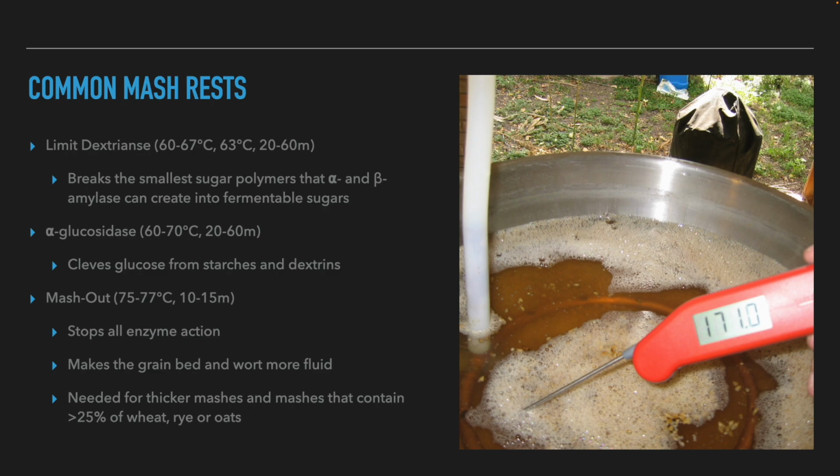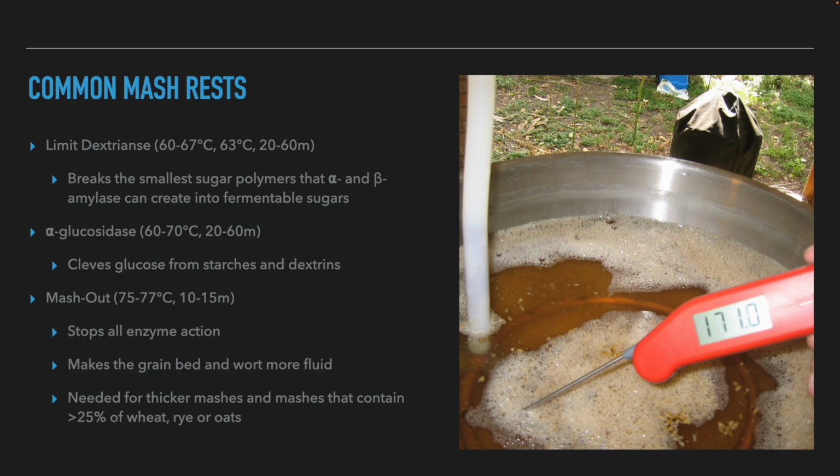In every mash, the last mash rest will usually be mash out. This rest is done between 75 to 77 degrees Celsius for 10 to 15 minutes. This rest stops all enzyme action by denaturating them. It also makes the grain bed and wort more fluid to aid with lautering.